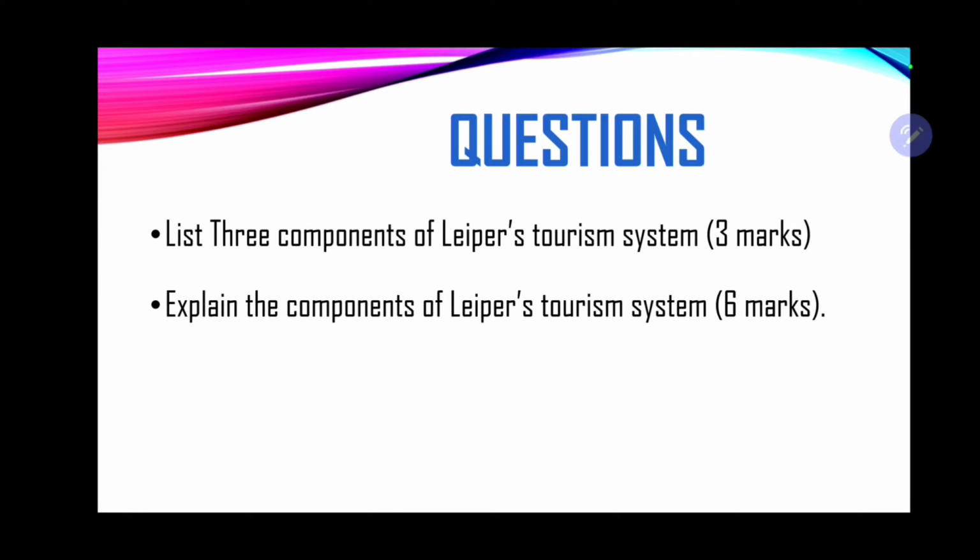And that is 3 marks, or a question may ask you to explain the components of Leiper's tourism system. Now, in explaining the components, you know that you'll need to write something about the tourist generating region or the tourist traveler region. What is it that you know about this component? What is it that you know about the transit route? Or what is it that you know about the destination region?